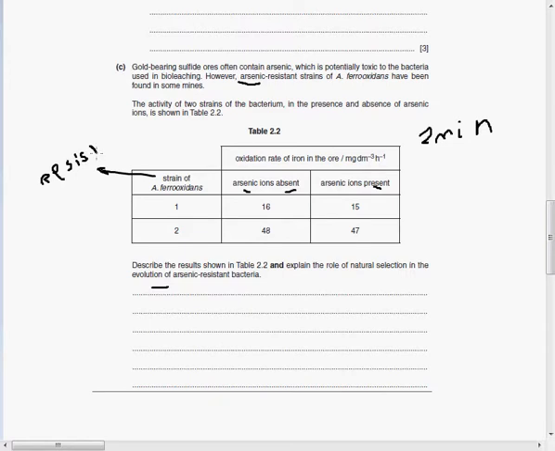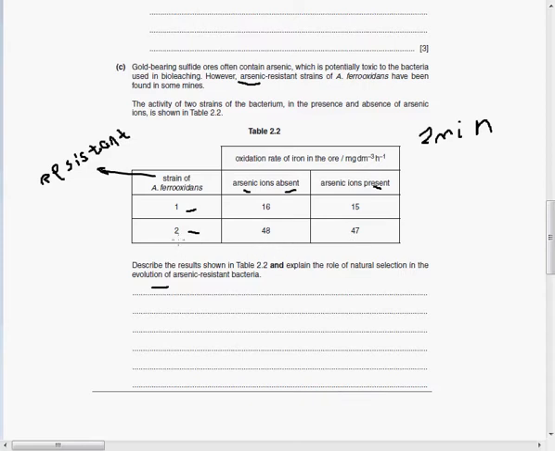If you didn't get that, I'm sorry, but this was the first thing you should be noting. The other thing you see is that this one has only 16 to 15, very little. The oxidation rate is very low, while this oxidation rate is very high. Why is that so? Because these are more active.